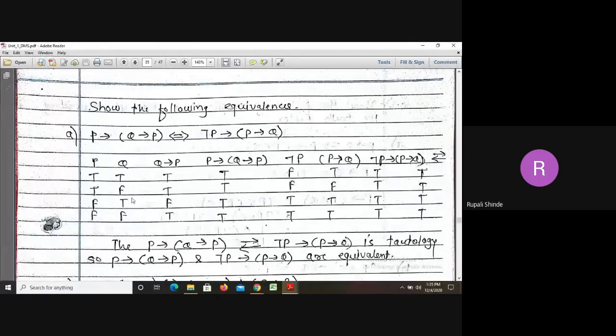So that's why here our third row is containing value as F and remaining values are T.